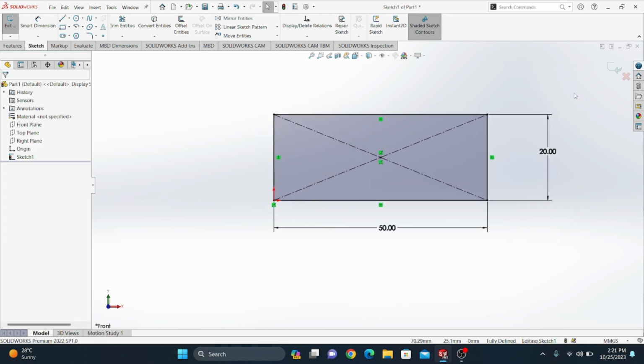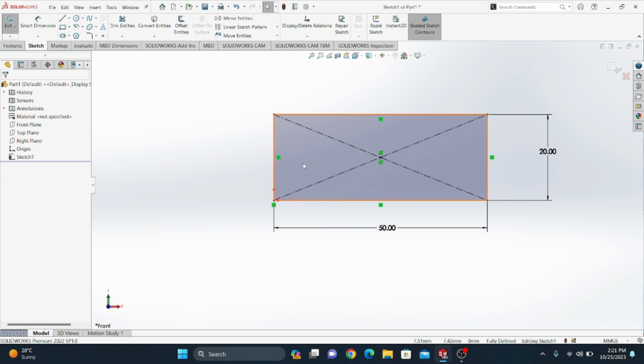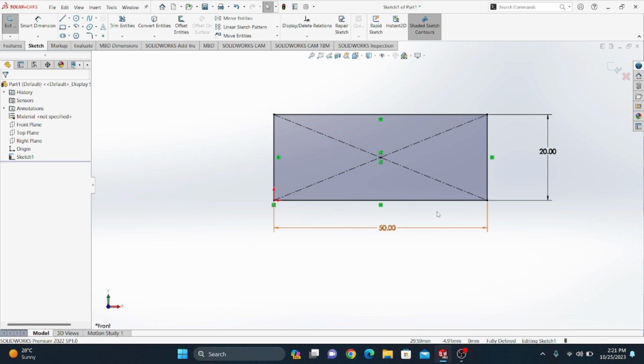Now when you select a rectangle, keep in mind that you should select it as a whole, because once you have constructed a rectangle, it will not act as a single rectangle. All these lines will act as separate lines, because they are not grouped together, they are not a single body. So keep this in mind.